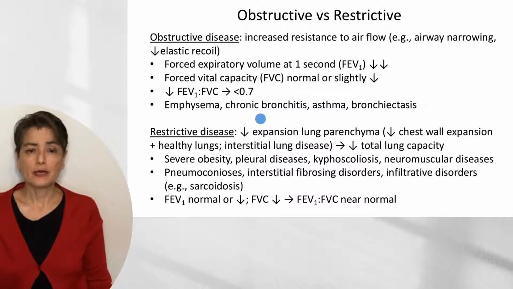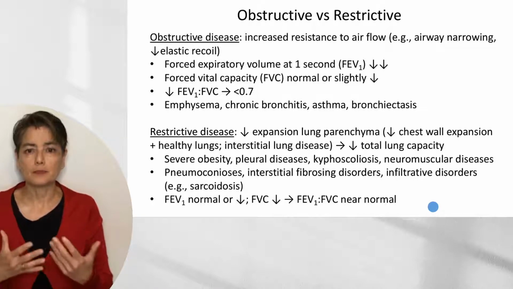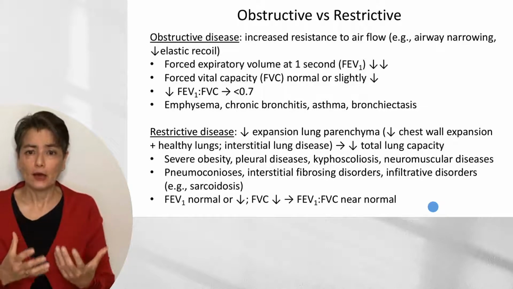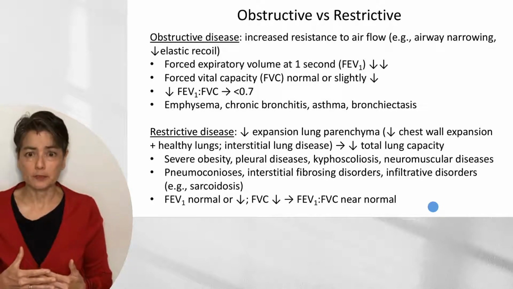Now, some of the diseases that we consider to be obstructive are emphysema, as I mentioned, chronic bronchitis, asthma, and bronchiectasis. Now, the next category is restrictive disease, and this can be due to decreased expansion of the lung parenchyma. So you can either have this with healthy lungs but decreased chest wall expansion, or it can be due to interstitial lung disease.